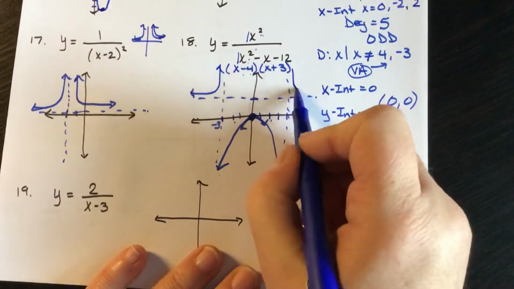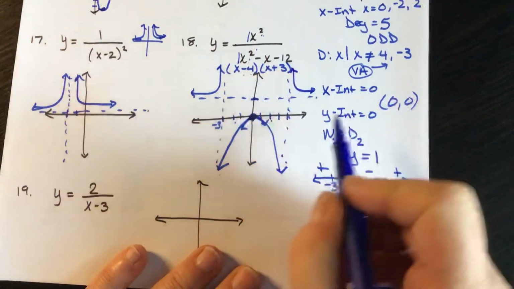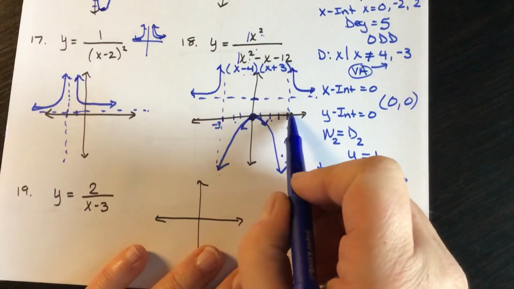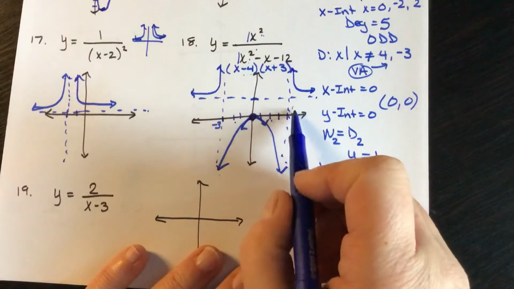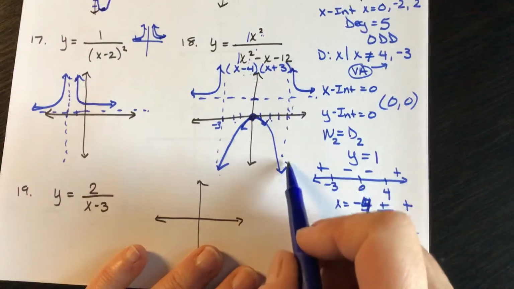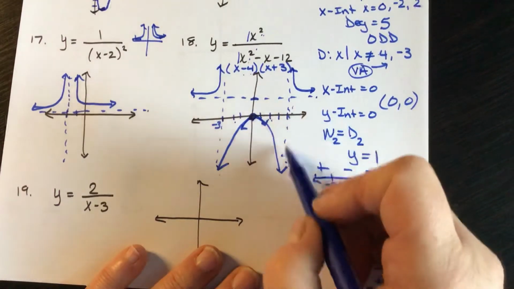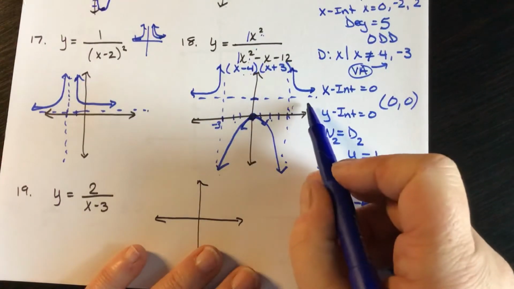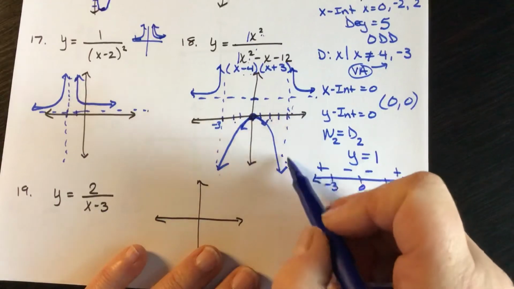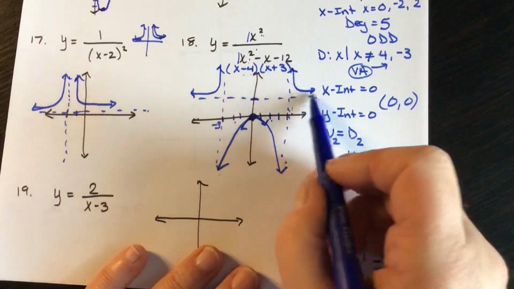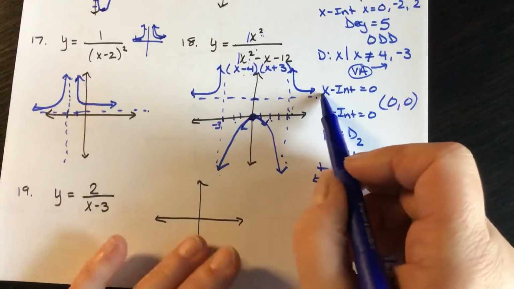So the only place that it would be all positive values would be up here. If I did anything with this, I would have to have a change of sign. I would have to go through the x-axis, and I don't have any other x-intercepts. So the only way I can keep this all positive is if this approaches the horizontal asymptote.